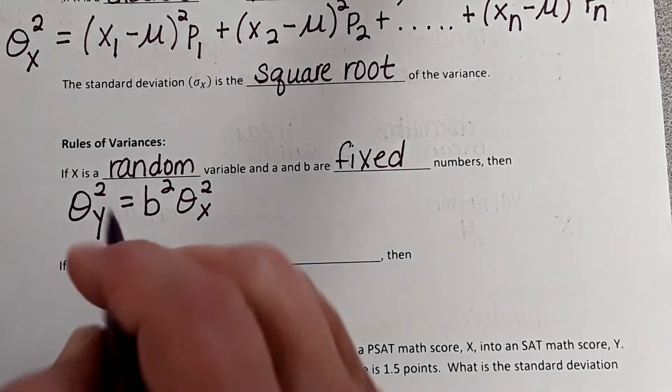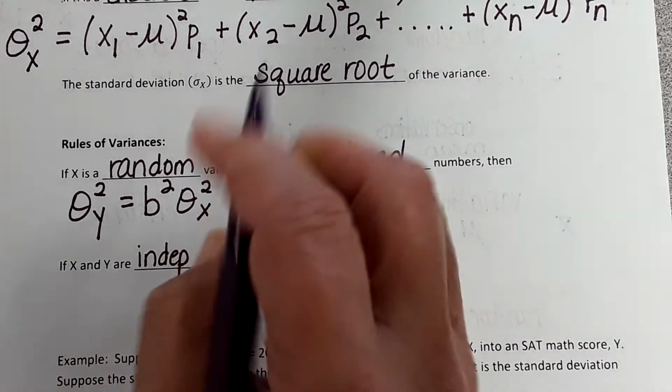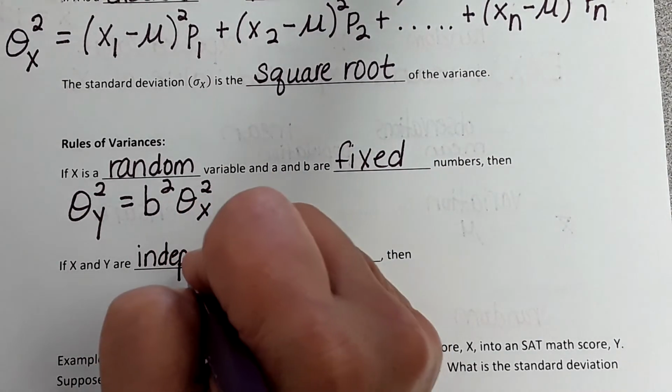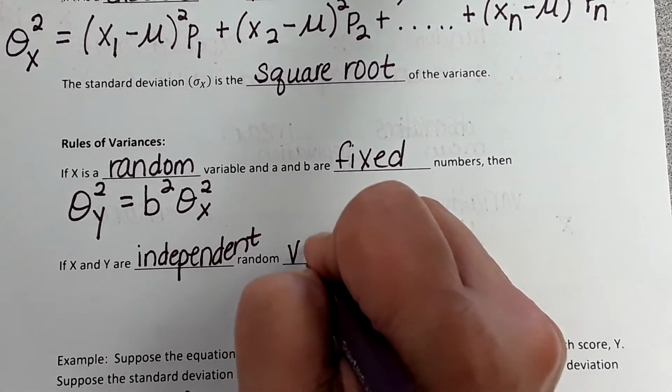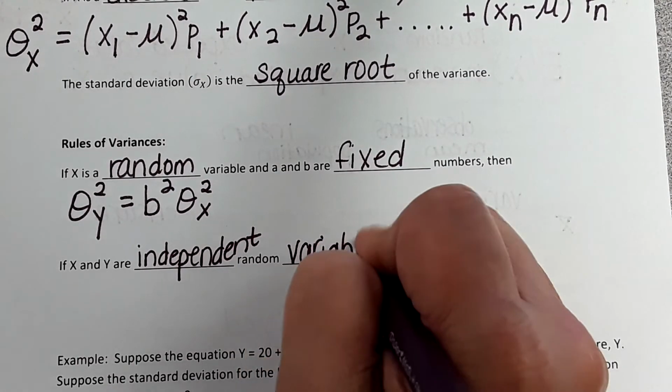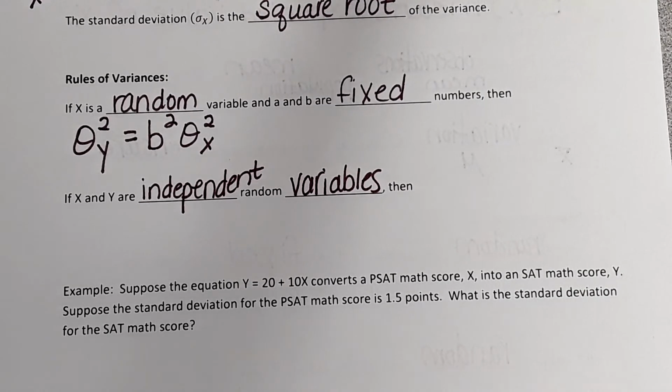Now, if x and y are independent random variables, then I want you to pay very close attention to what I'm about to write. And please understand that you're going to want to tell me that I wrote it incorrectly, and I have not. I promise you.